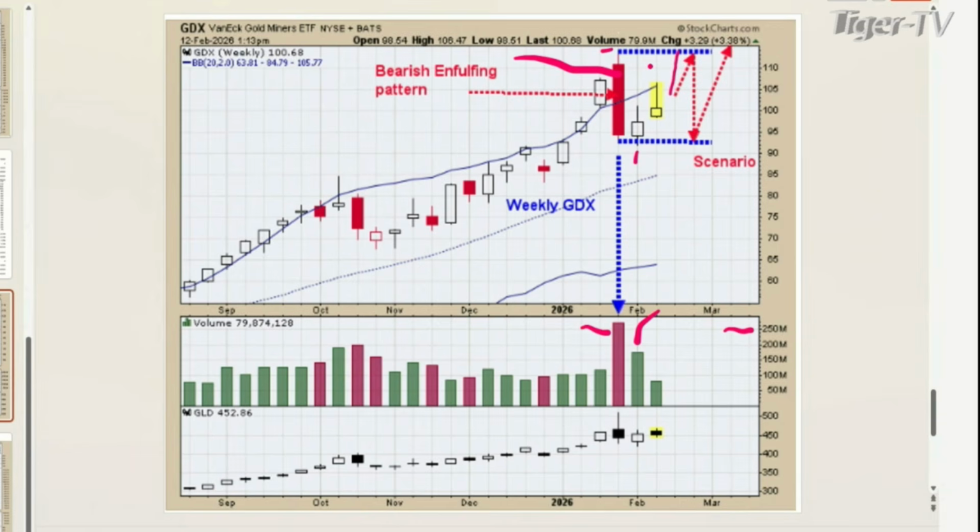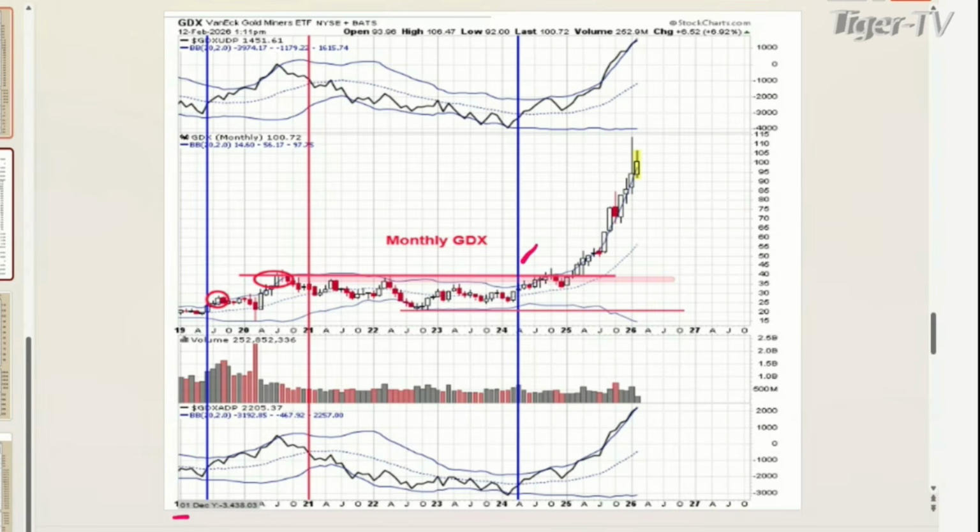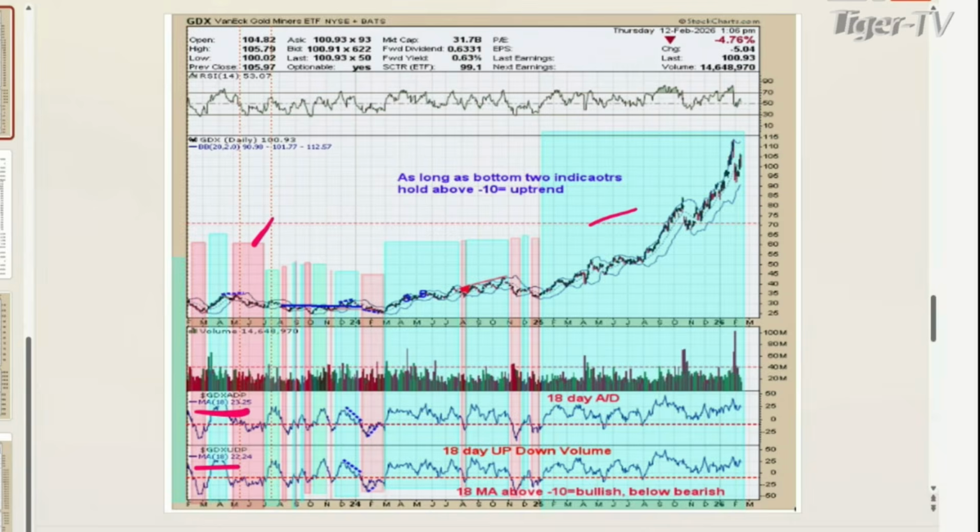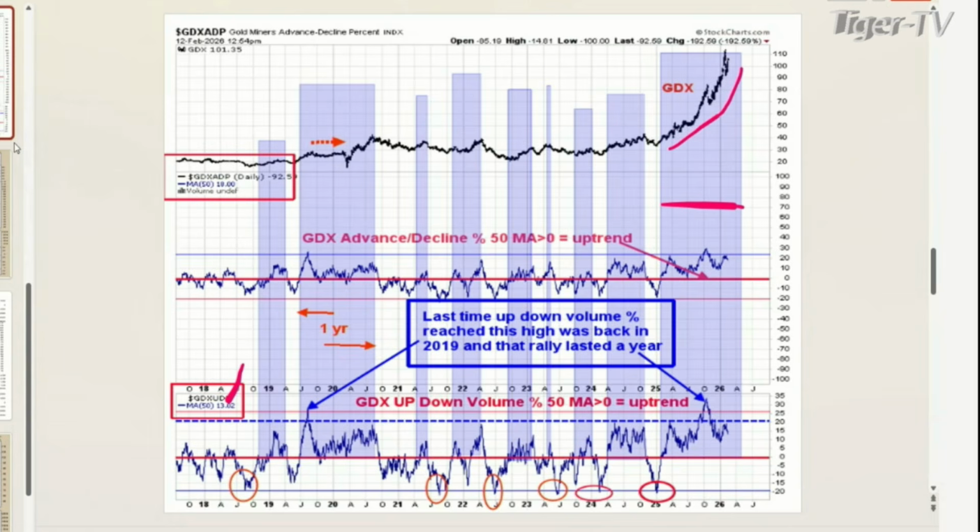But that'd be it. I'm long GDX. Am I going to trade this thing? I'm not sure yet. Depends what the volume is. But I may just keep that position because all these other indicators, this one, that one, this one, remain bullish. Sometimes you can take yourself out of a trade and you wish you never did.